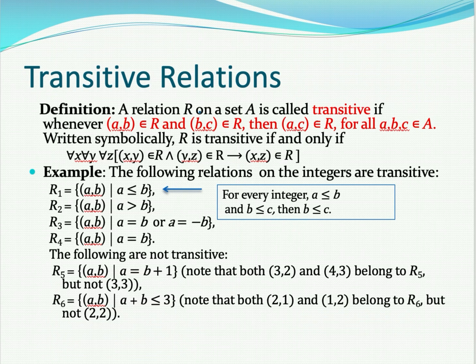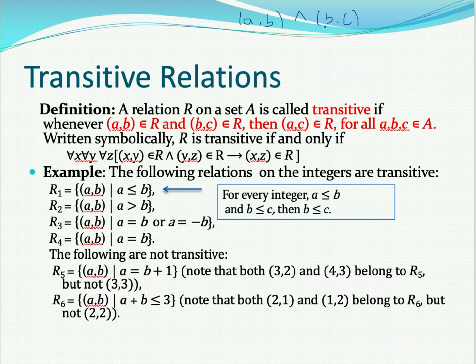A relation R on a set A is called transitive if whenever AB is in R and BC is in R, then AC is in R. So you can imagine you have this first pair, AB, and then you also have BC in the relation.